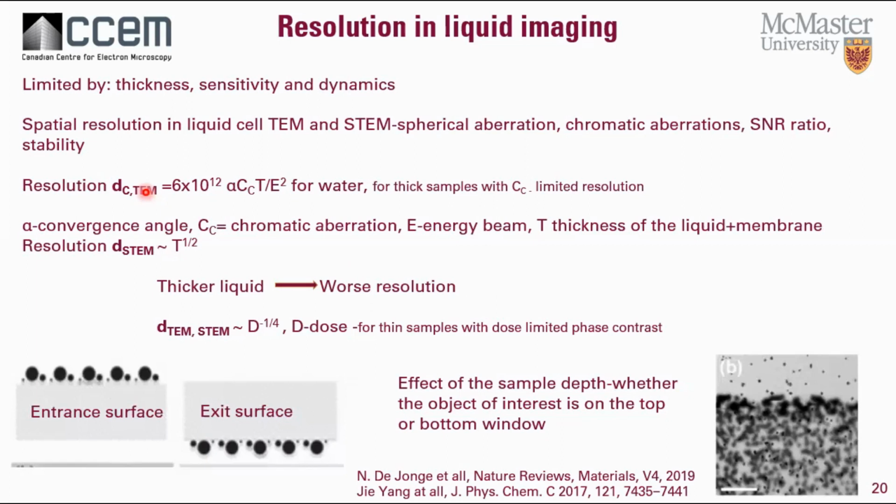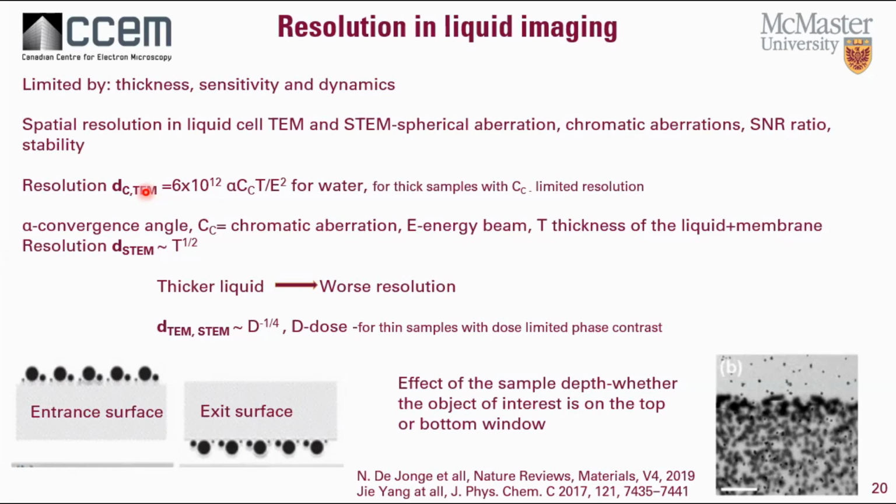The resolution in liquid cell microscopy is limited by a few important factors like thickness, sensitivity, and dynamics. In both TEM and STEM, spatial resolution depends on the spherical and chromatic aberration, signal-to-noise ratio, and stability. Resolution in TEM depends on the convergence angle, chromatic aberration, energy of the beam, and thickness of the liquid and the membrane.